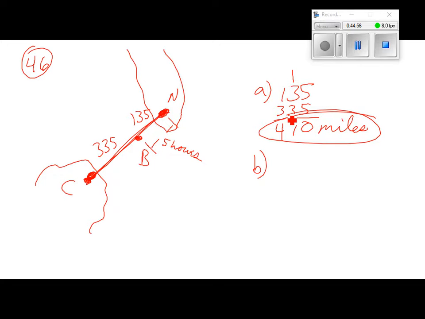Then it said the ship's cruise lasted 18 hours. So it took 18 hours to go from here to there. And they want to know, estimate the ship's average speed in miles per hour. So remember, and I gave you a little hint there, rate equals distance times time.